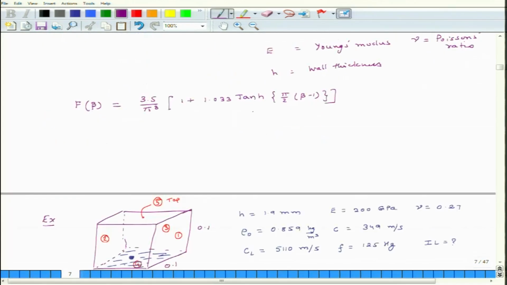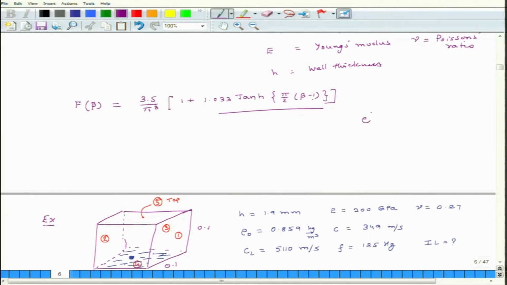Okay. Next we compute this term. When beta is 1, then this thing in the brackets becomes 0. So, 0 times pi by 2 is 0. Tan hyperbolic of 0 is 0. What is tan hyperbolic?